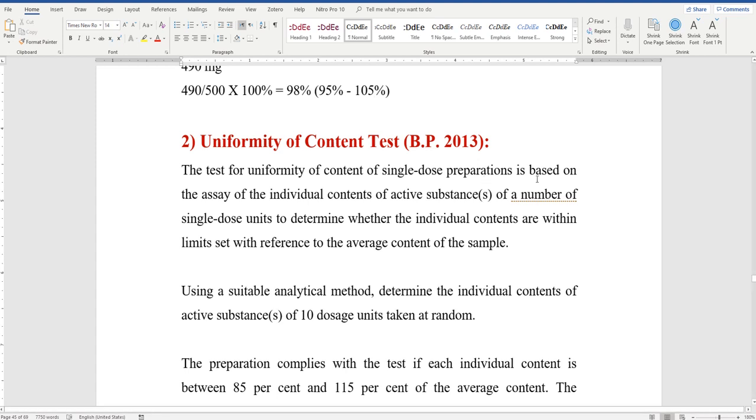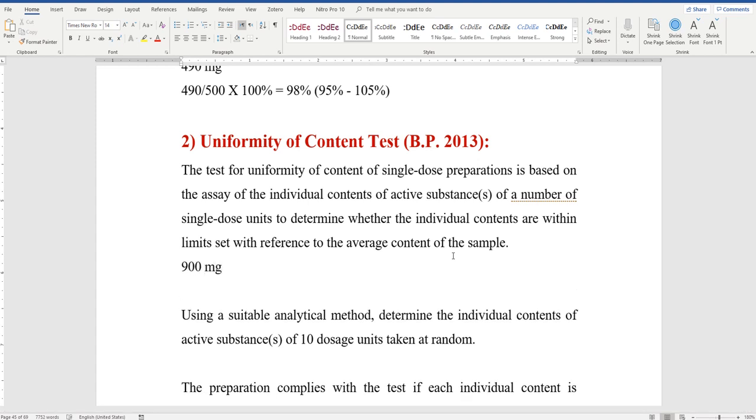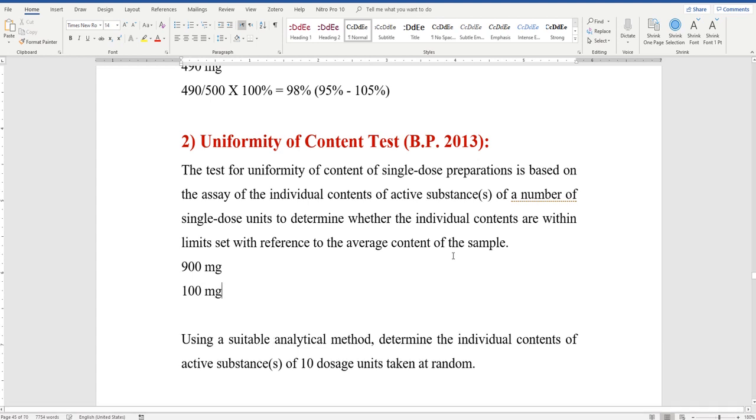Maybe one tablet has, let's say, 900 milligram. It's supposed to have 500, but it's having 900. The other tablet is having 100 milligram. It's supposed to be 500. This is more, this is less. Both are not acceptable, right?